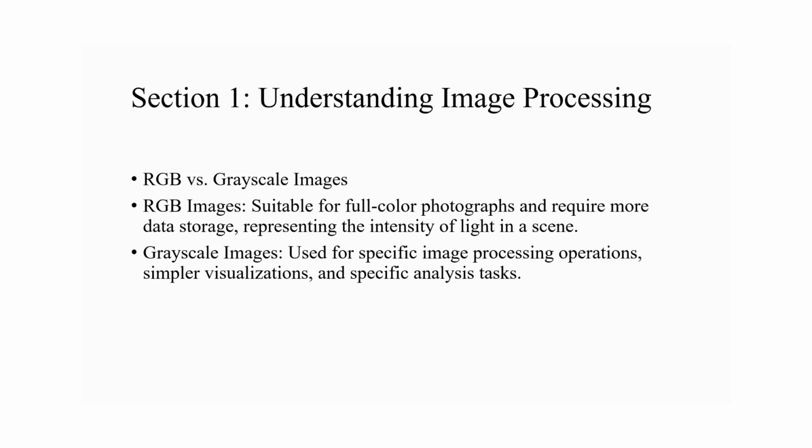So RGB has three color channels, while grayscale has a single channel. We can even convert from RGB to grayscale and grayscale to RGB using the functions rgb2gray and gray2rgb. It's very simple.